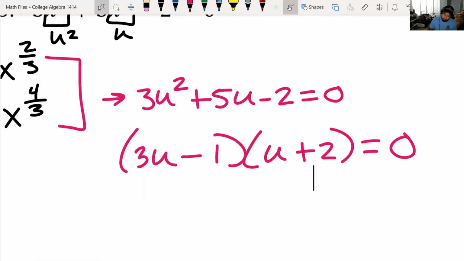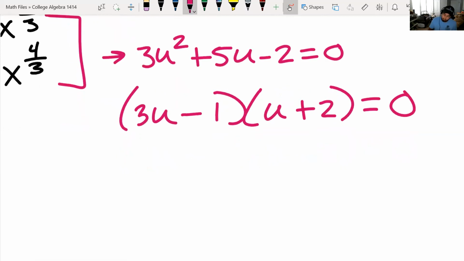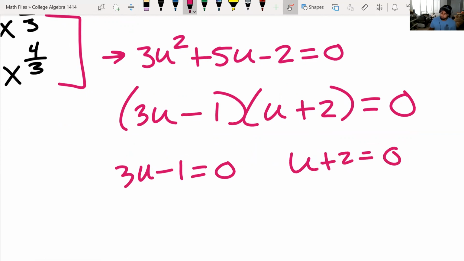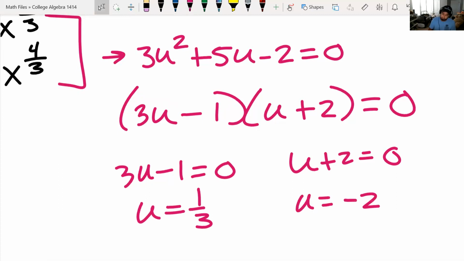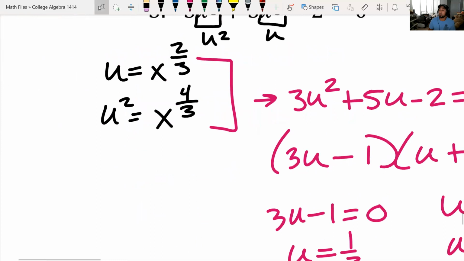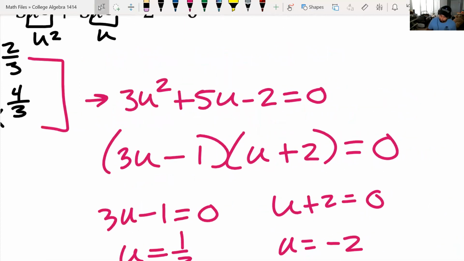Set these equal to 0. 3u minus 1 equal to 0. U plus 2 equal to 0. It's going to be u equals 1/3 and u equals negative 2. But u is x to the 2/3.